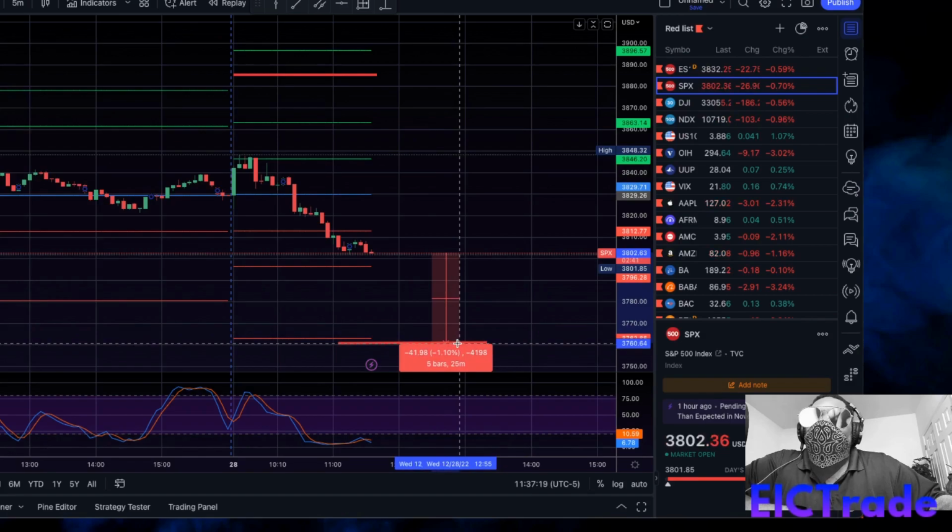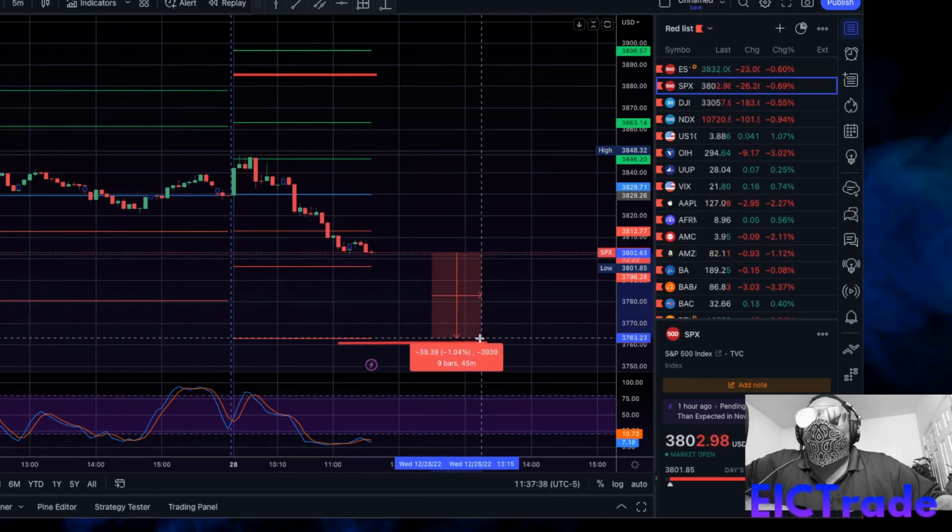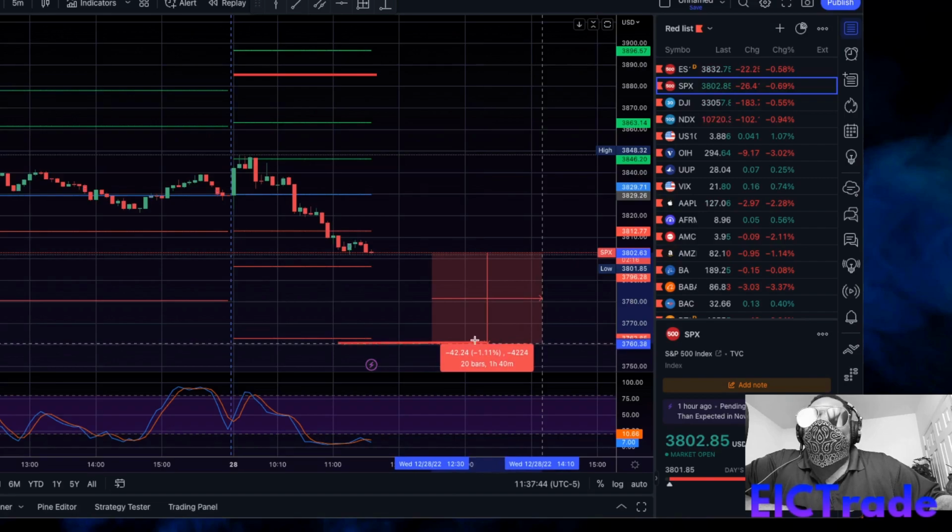But 40 points away after the market has already dropped a fairly significant percentage for the day already. The bulls haven't really taken their turn today at all. So we could still have a rebound during midday or after lunch for the bulls to take their turn. But I just wanted to show you guys that, because I'm iffy on this trade.